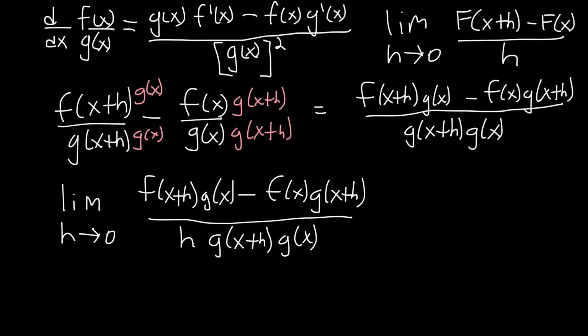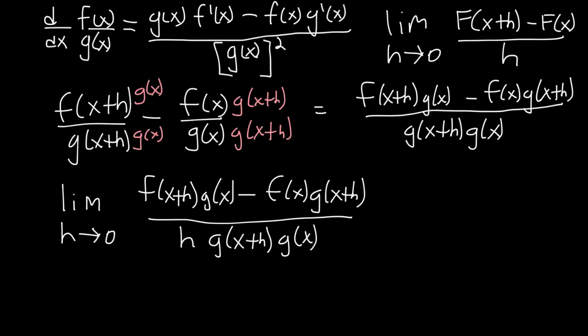This still doesn't look like any limits we know. The problem we have here is that in our original assumptions, of course we're assuming that f of x is differentiable, we're assuming that g of x is differentiable, and we're assuming that g of x is not equal to 0.